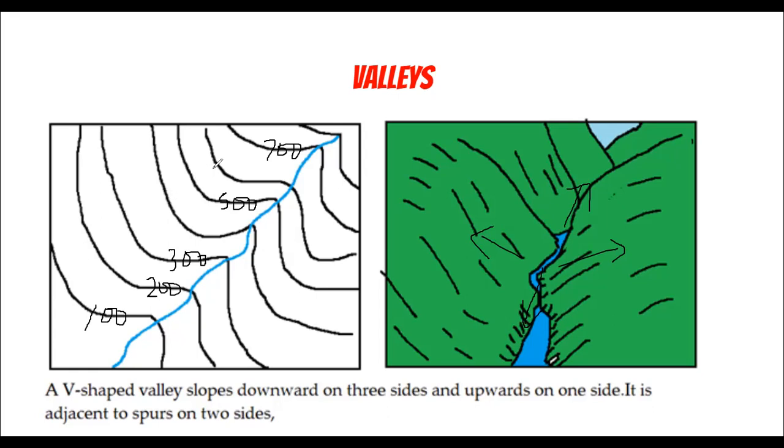So right here we have a spur, right here we also have a spur, and right here we have our valley. That is how we identify our spurs and our valleys on topographic maps.